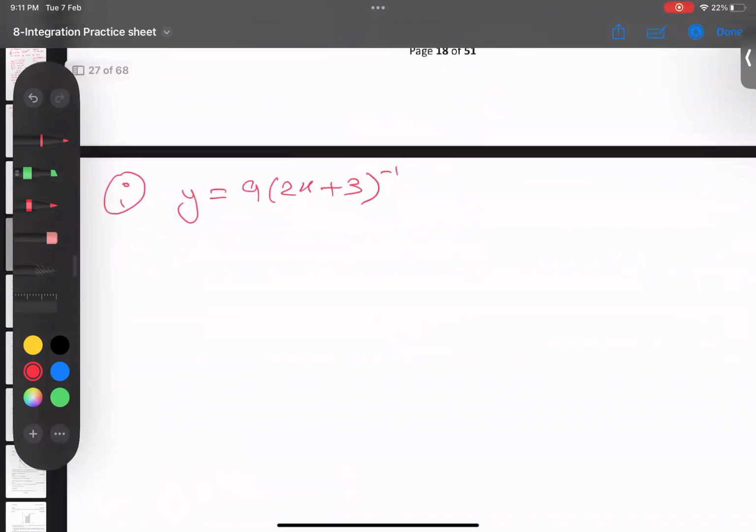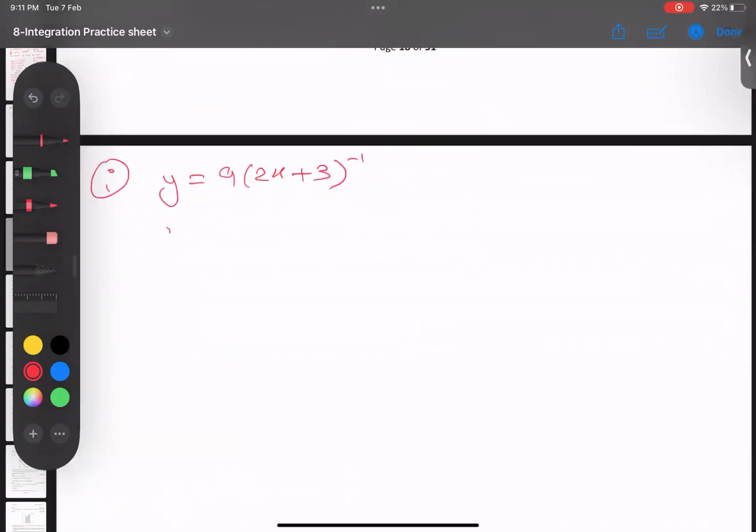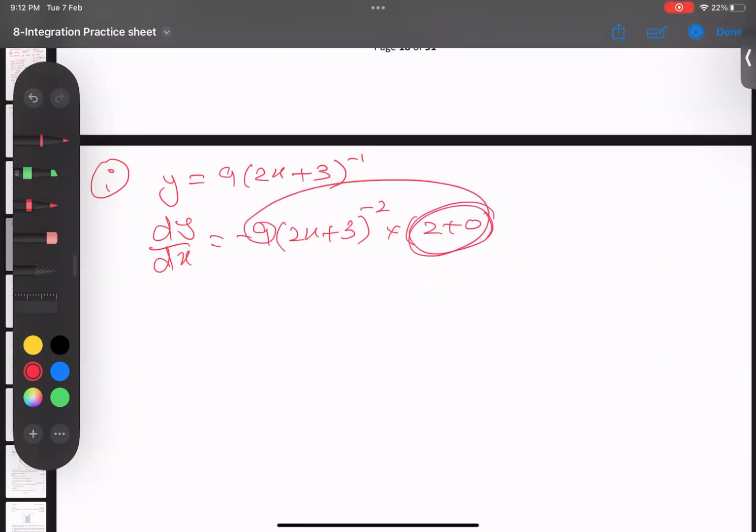When I differentiate, dy/dx, negative 1 comes down and multiplies with the 9, the power reduces by 1, so minus 2, times 2, the differentiation of the base: 2x gives 2 and 3 gives 0. Now 2 plus 0 is 2, and 2 nines are 18.